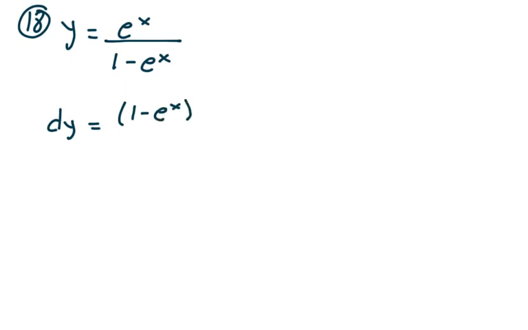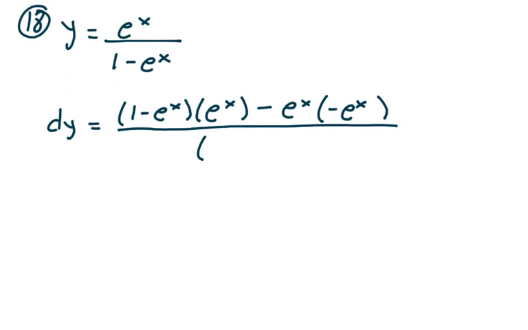I'm going to multiply by the derivative of the numerator, which is e to the x, minus, write down the numerator, which is e to the x, and then I'm going to multiply by the derivative of the denominator, which is negative e to the x, and then I'm going to divide by 1 minus e to the x to the second. And remember, we still have to attach that dx at the end. It's very important notation that we're doing here.